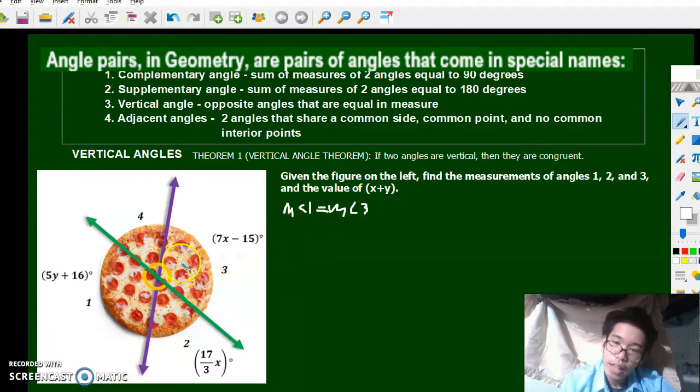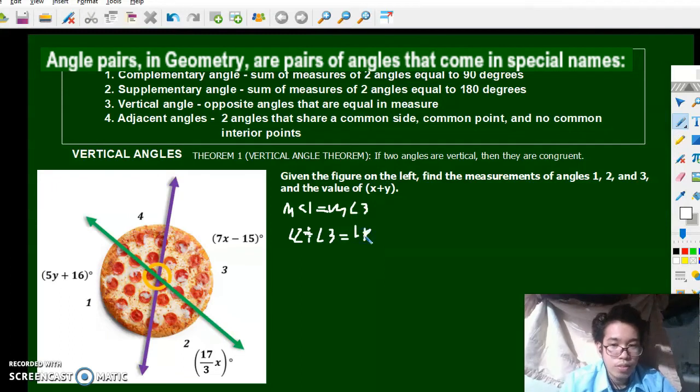We can look at it this way. We have here angle 2 and angle 3. If you look closely, they actually form a linear pair. So angles 2 and 3 are linear pairs. If they are linear pairs, what's their measurement?